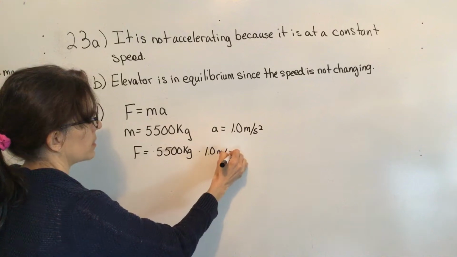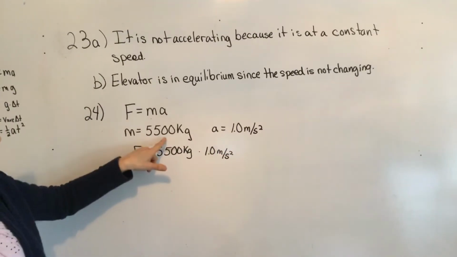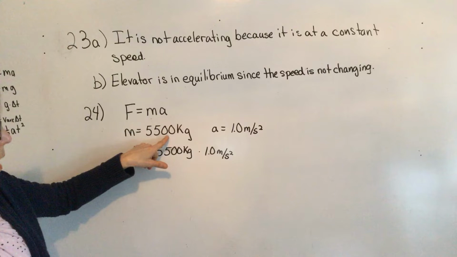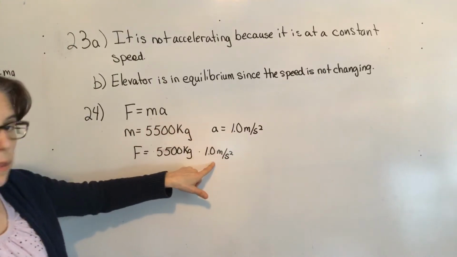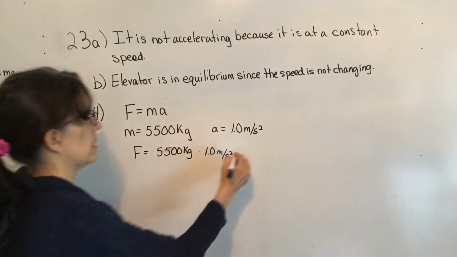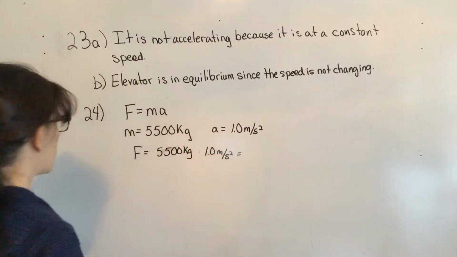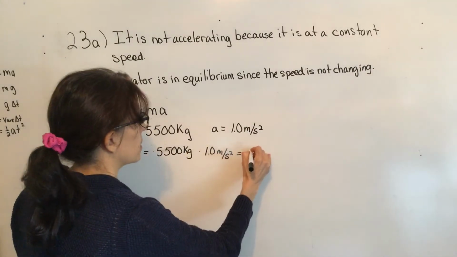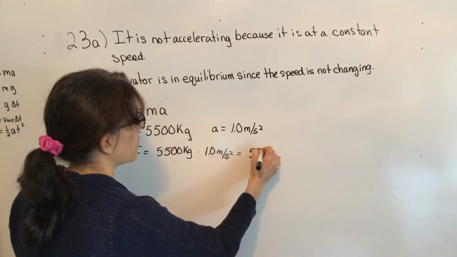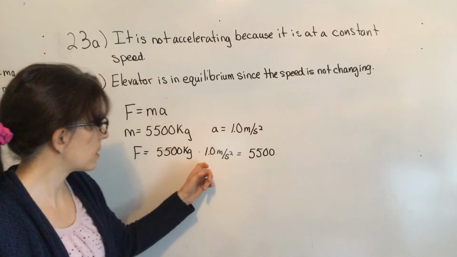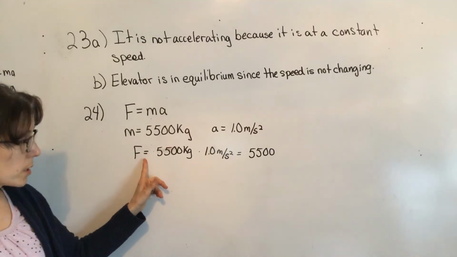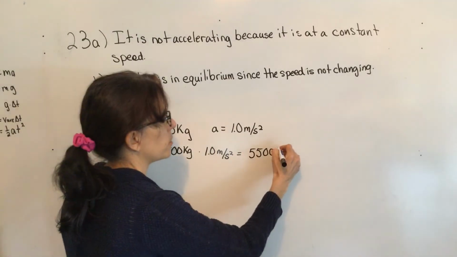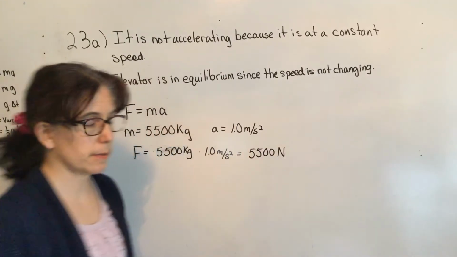All right, do you see what I just did there? I replaced m with what m is equal to, with the number, and I replaced a with the number that it's equal to. Then I just do the math. 1 times 5,500 equals 5,500. And it's asking for force, so I know my units are newtons.